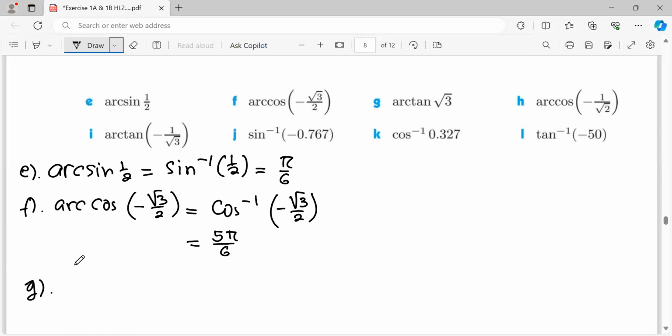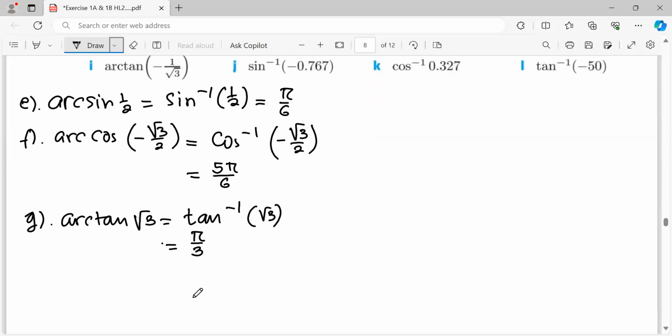G. Arctangent root 3 means inverse tangent. So we should find tangent of how much equals root 3. It is tangent of pi over 3.